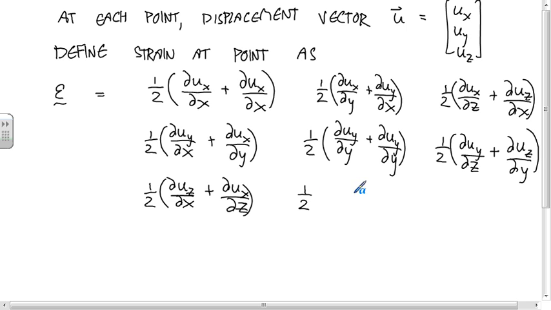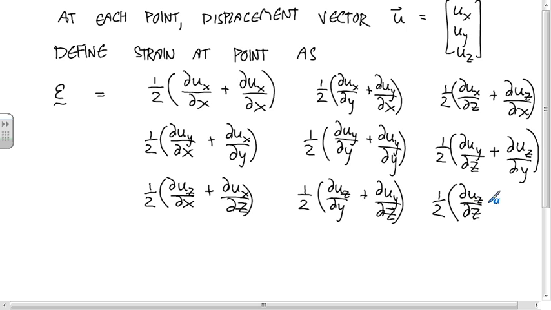The zy is 1/2 times the partial of uz with respect to y plus the partial of uy with respect to z. And the zz is 1/2 times partial of uz with respect to z plus the partial of uz with respect to z.